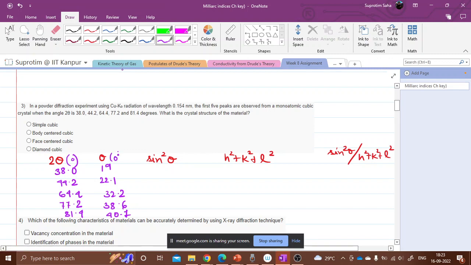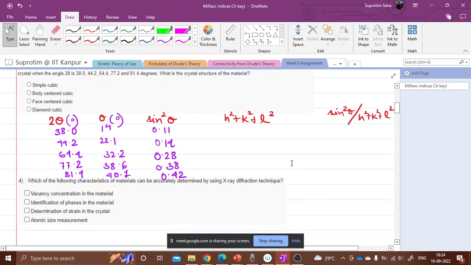So this is sine squared of this angle theta: 0.11, 0.14, 0.28, 0.38, 0.42. Okay. So basically, let's start with FCC, a simple cubic, right?